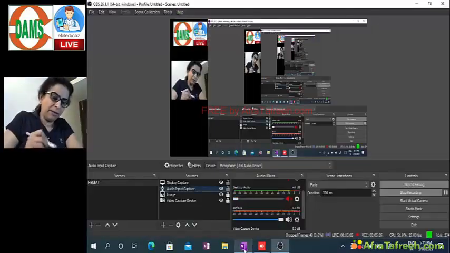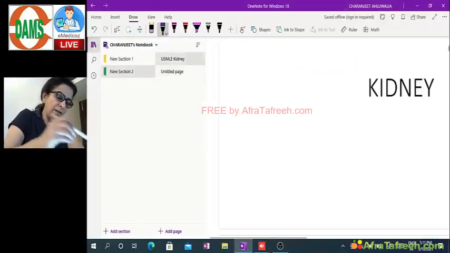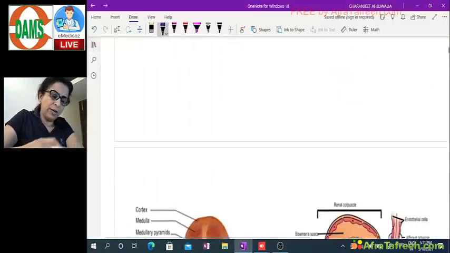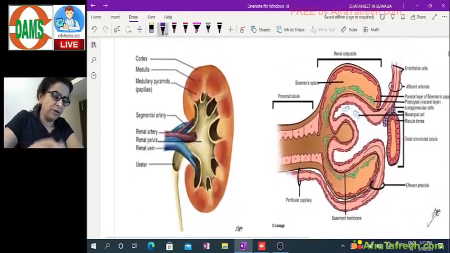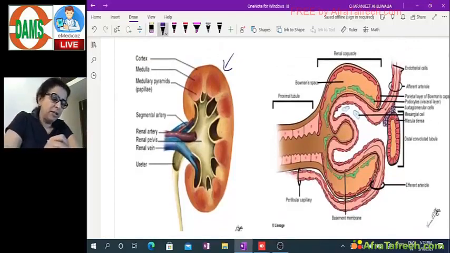Very important. Let us look at the normal structure of the kidney, which you already know. This is the gross structure of the normal kidney. The kidney has two parts: this is the cortex, and this part is the medulla.